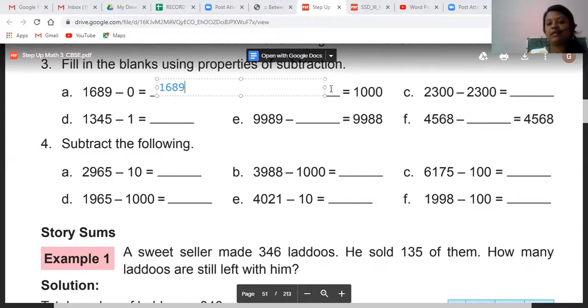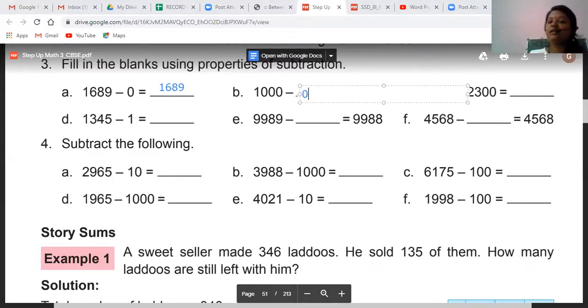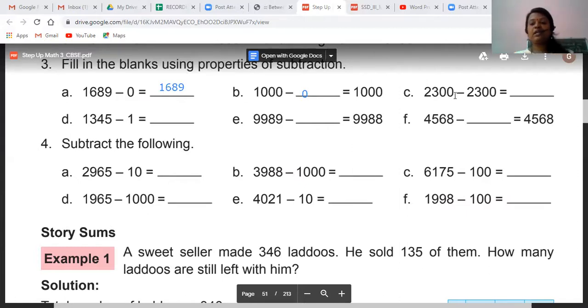Next, let us try the next one, that is 1000 minus what number will give you 0, or the number itself. Yes, it is 0. Whereas let us see the case where we need to subtract 2300 by the same number, that is 2300, the difference we would get is 0.